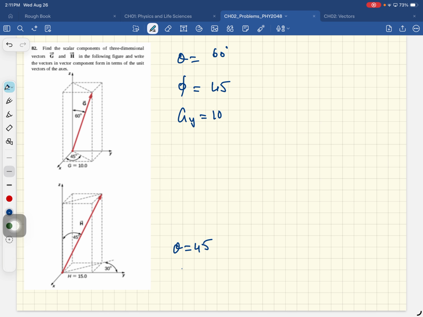Okay, so 16.32, and so GZ is G cosine 60.